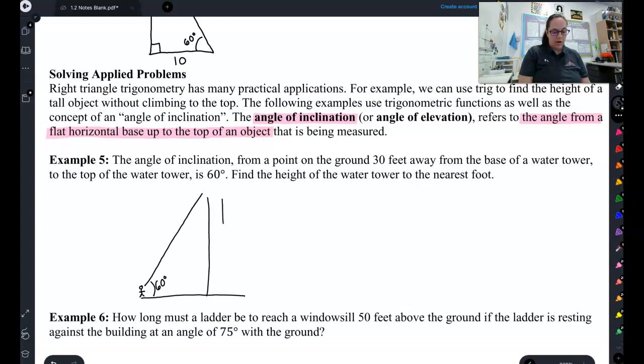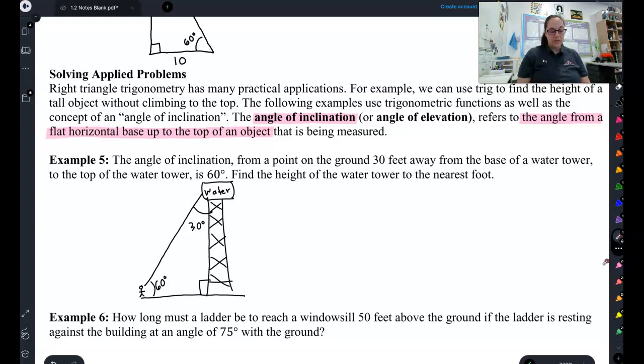Now I need to draw this little water tower here. Practice my wonderful art skills. And we know that this is going to be a right angle with the water tower, which means this other angle is going to be 30.